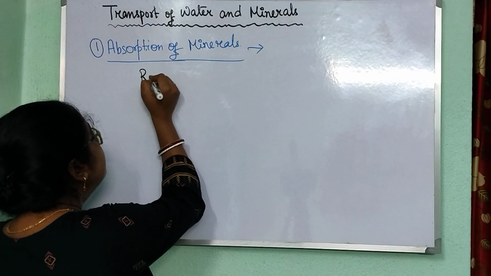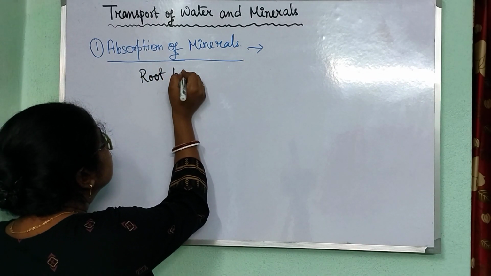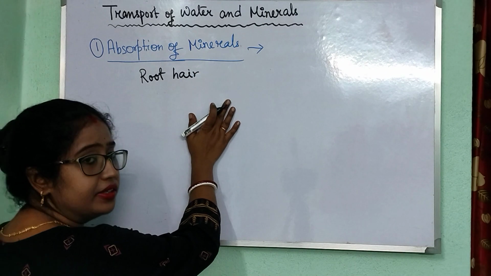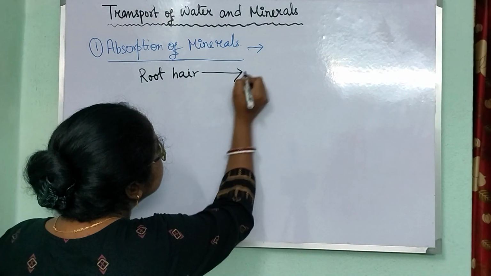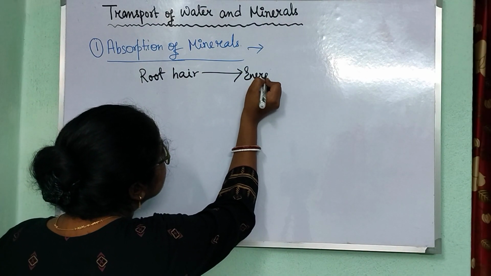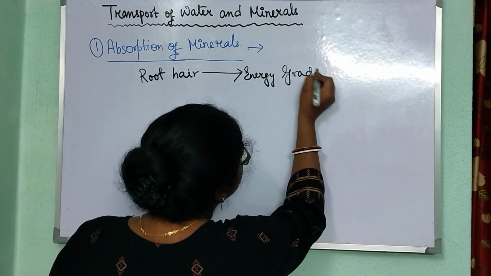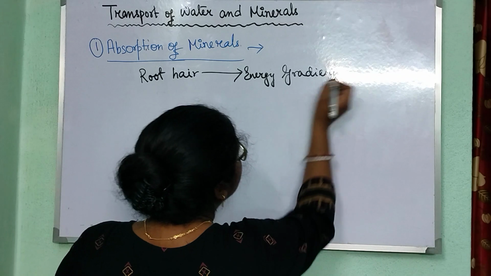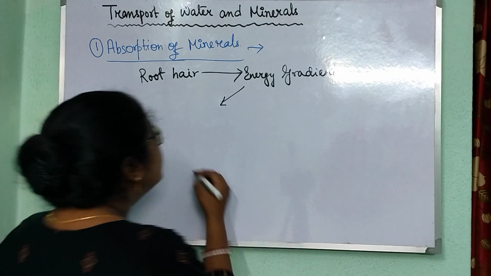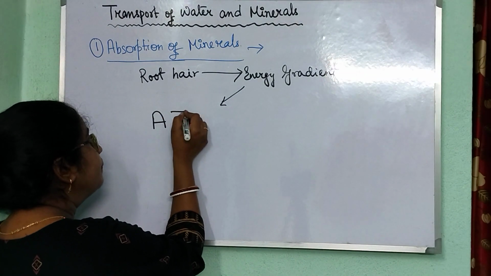So the root hair absorbs minerals via an energy gradient, and this energy gradient requires ATP.